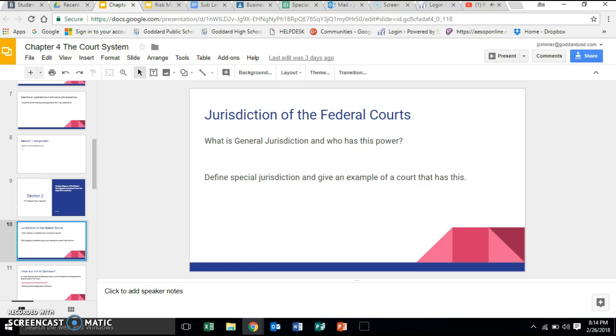They can also send the court back to trial if they want to. So you can uphold, you can reverse, or you can send the trial back to the trial court, and they can retry the case. So those are three things that can happen in an appellate scenario.